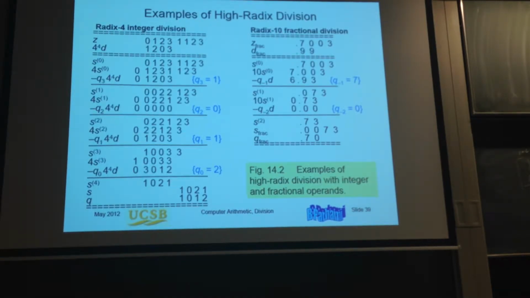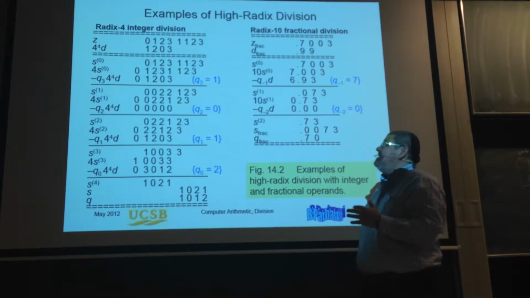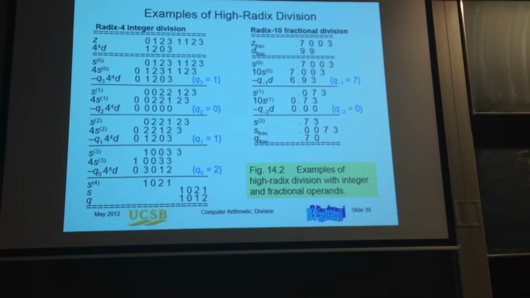Now here you have some examples of high radix division. This is radix 4, integer division, and again the guess for the quotient is based on some kind of visual inspection. I see here that this is now my D, and I look at this and I see I can subtract 1.